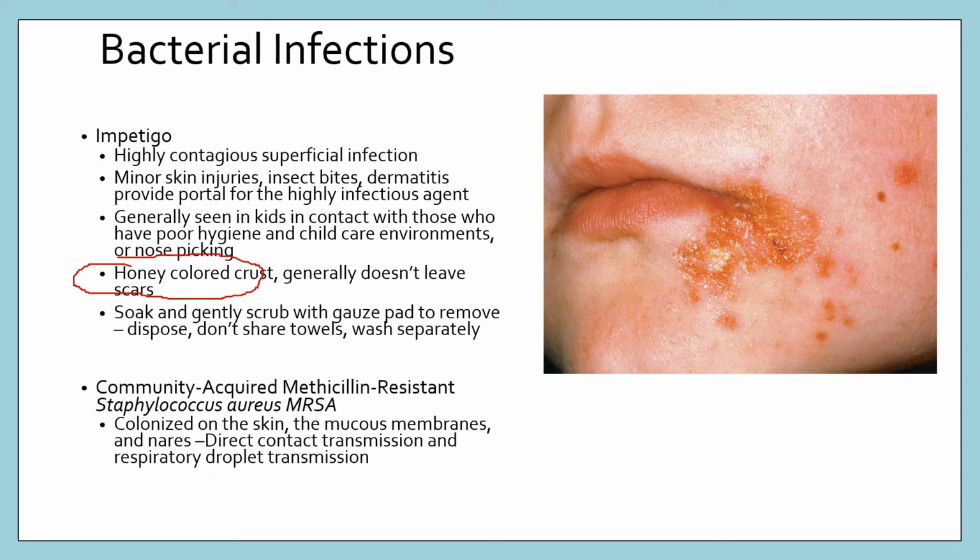This is often caused by Staph aureus, MRSA, and that's why it is so contagious, and it can go up into the nares, and it can even be transmissible through droplets. So with this kind of infection, the child would need to be on isolation if they had it, say, in the hospital.